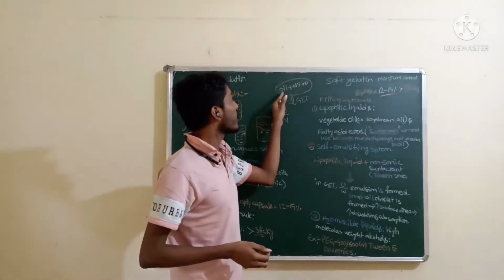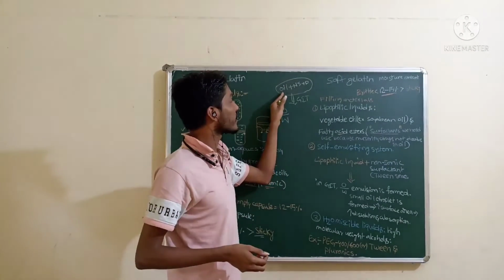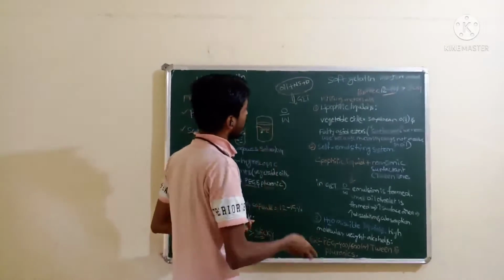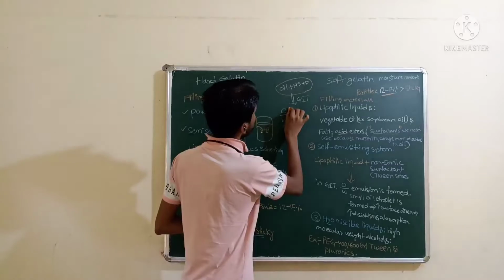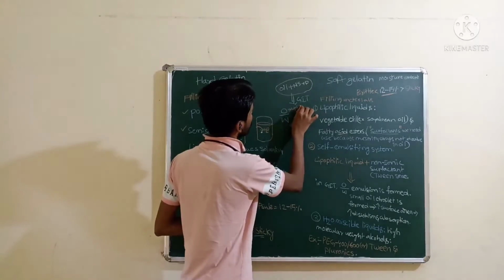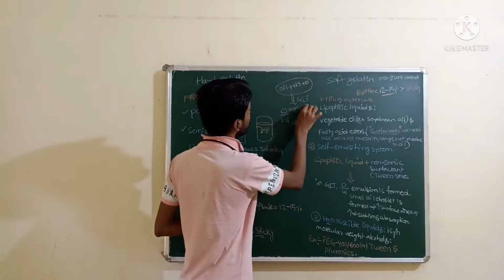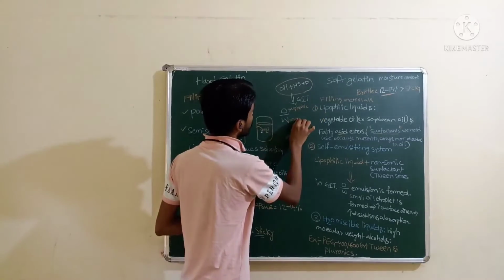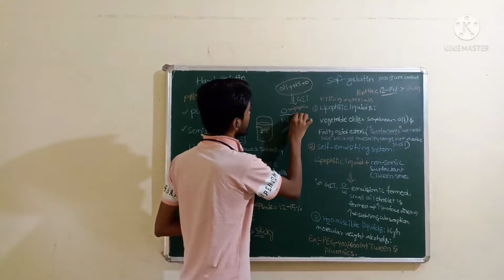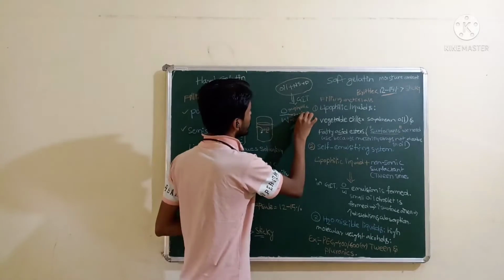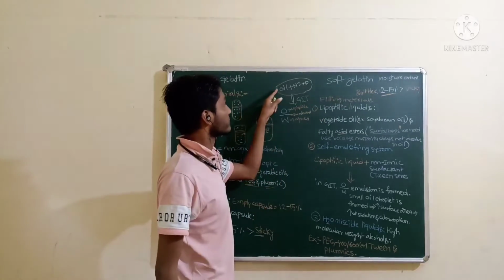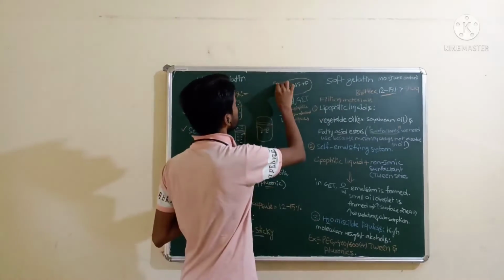Once this formulation enters the gastrointestinal system, due to the presence of water, this oil is the lipophilic liquid, this is the aqueous liquid, and this one is the non-ionic surfactant. See, this is the soft gelatin.